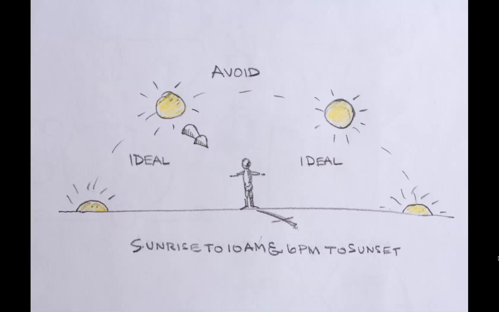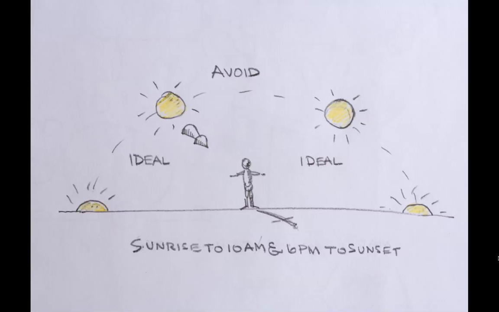This is maybe a little easier to understand. In Alaska, of course, we have incredible opportunities because our magic hour starts about 3 hours before sunrise and goes until about 10 o'clock in the morning, and then starts up again about 6 p.m. in the evening and goes well after sunset.